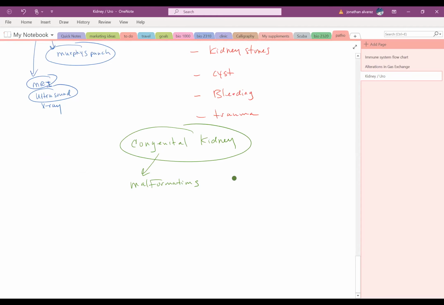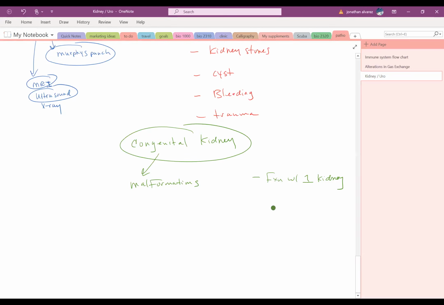On a side note, your body can function with just one kidney. And if you do have one kidney, you've got to be very careful.